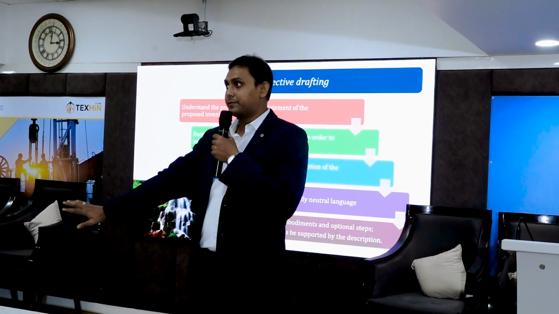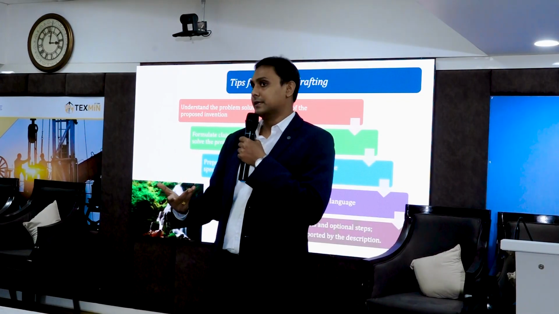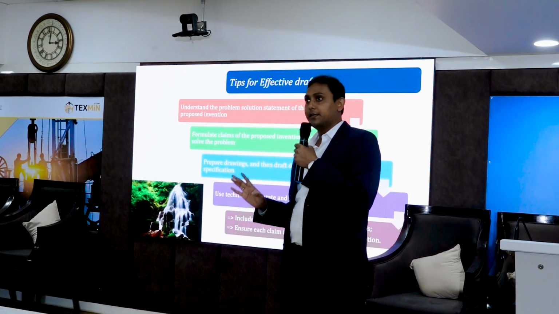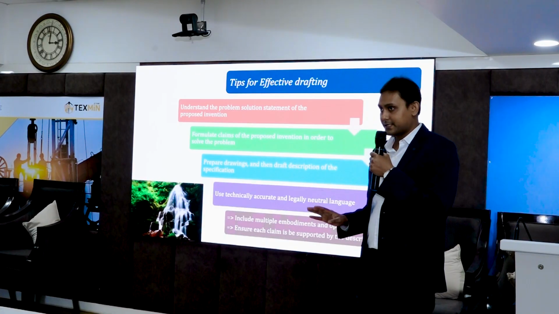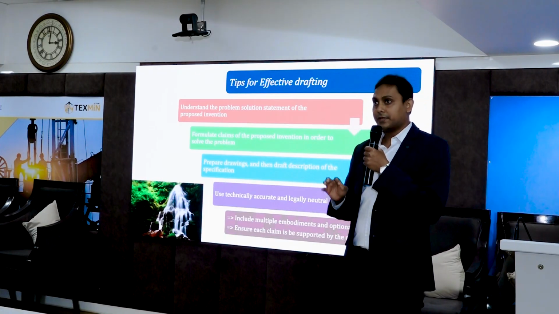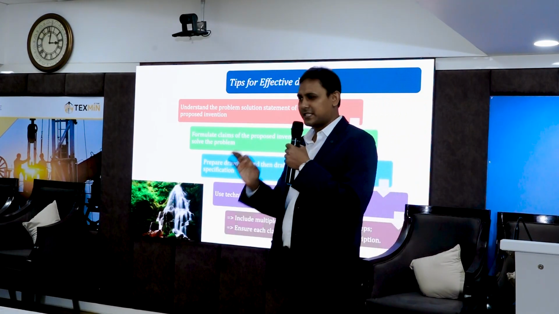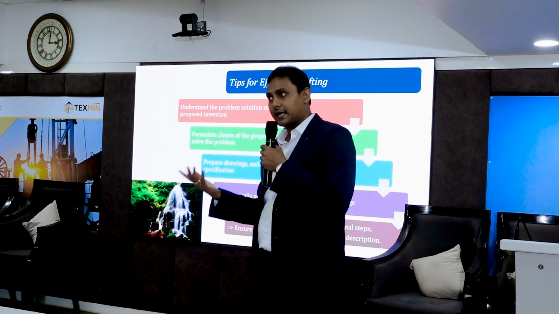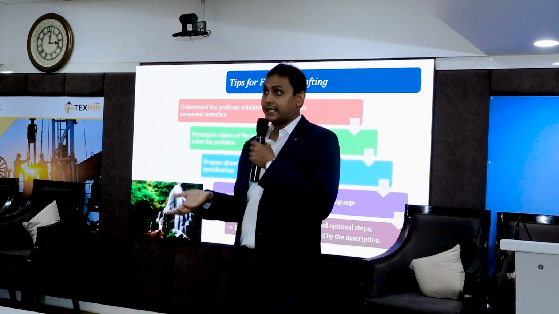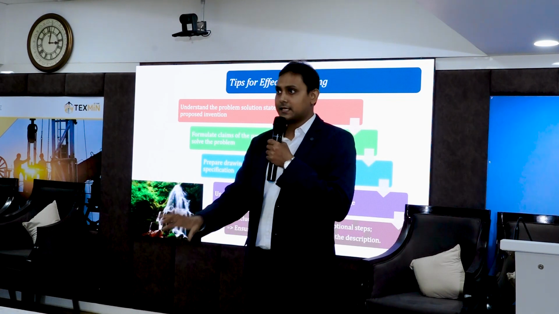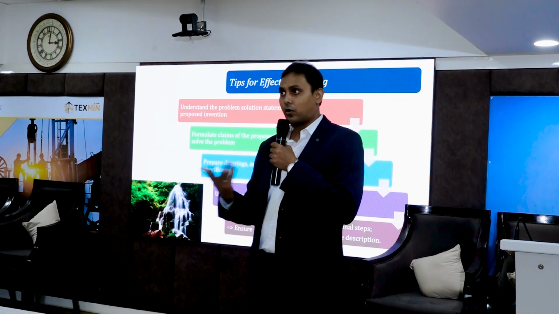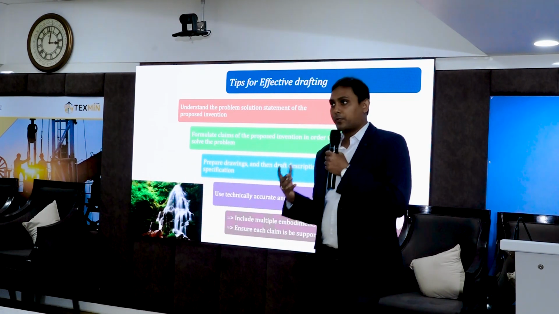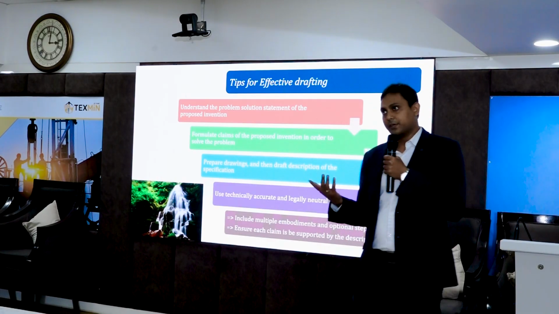You can stop that person by defining multiple embodiments. So just remember, while you draft the patent specification, instead of writing only the specific embodiment, think whether any other type of embodiment can be included, and include it, so that you can draw the total scope of your invention.